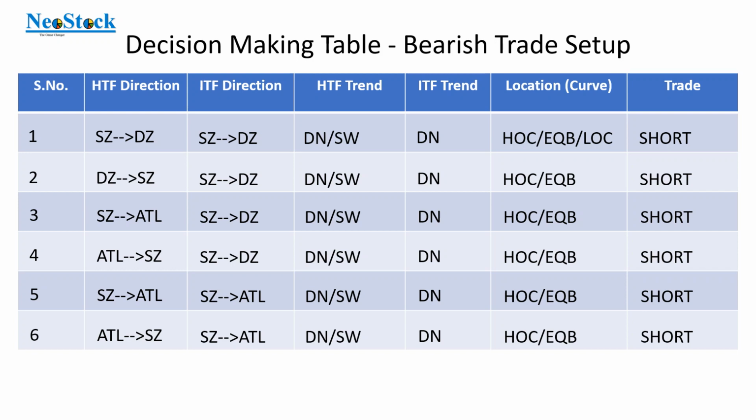If that also confirms the quality of your zone, then that increases the probability. Already these setups, bullish trade setup or bearish trade setup, almost confirm your trade. That is either a long trade or short trade. Bullish trade setup supports long trades, bearish trade setup supports short trades.